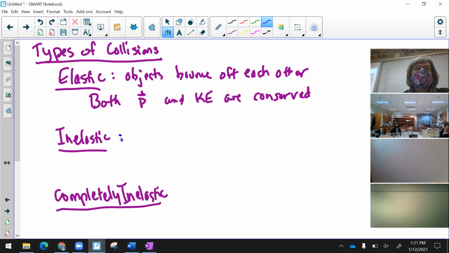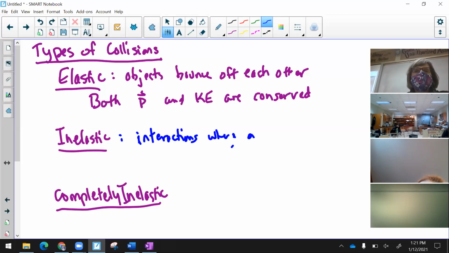Inelastic collisions are interactions where only momentum is conserved.